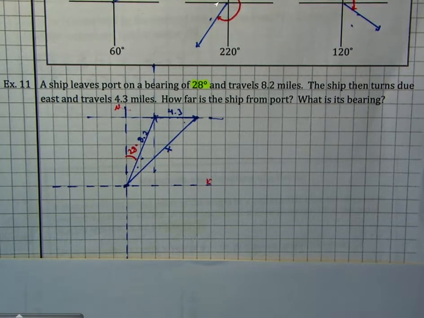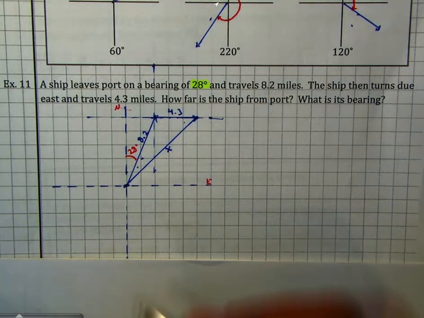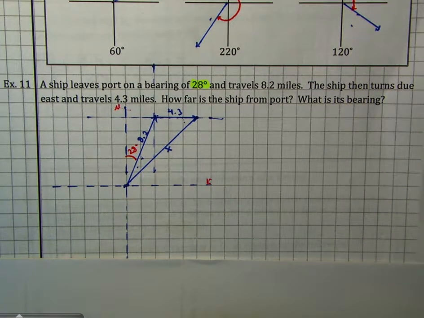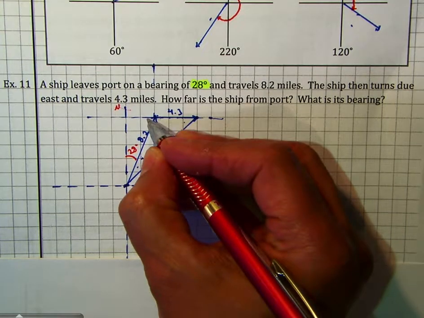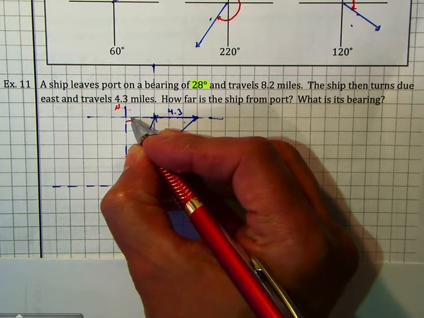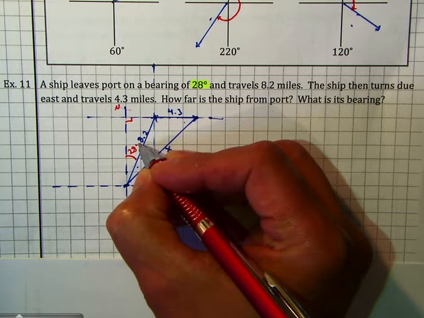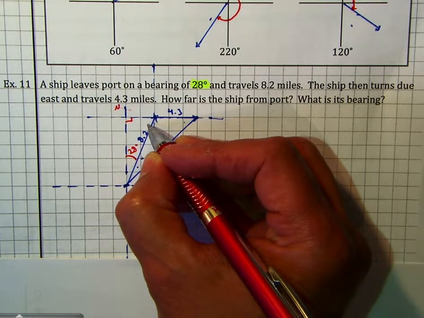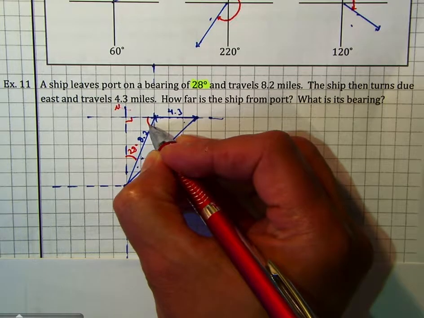Did you find it? So let's say this is 28 degrees. So therefore, I can find this. This is a 90-degree angle. So therefore, this is a right triangle. That's 28 degrees. Plus how many more makes it into 90? So therefore, this will be 62.